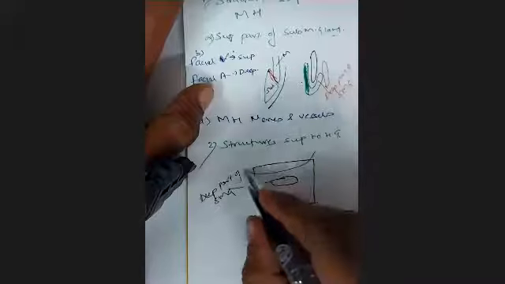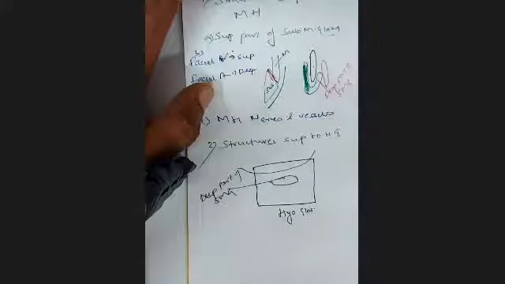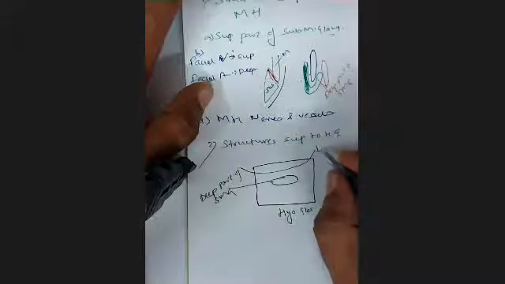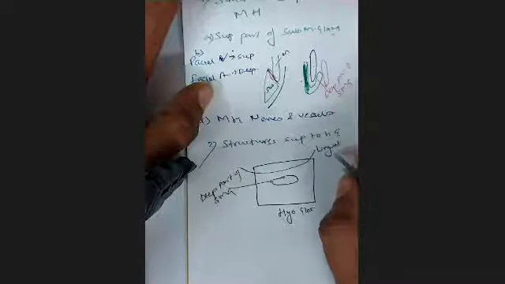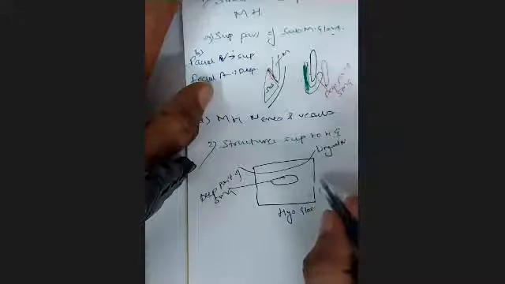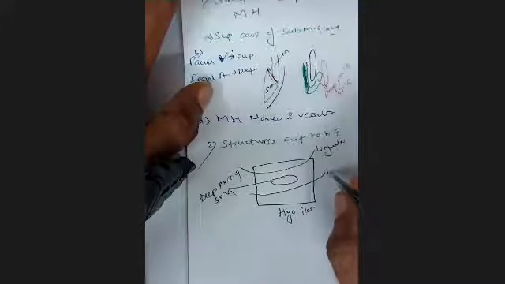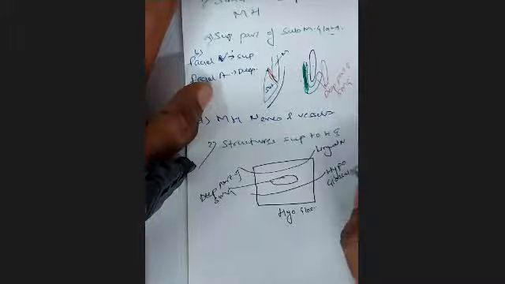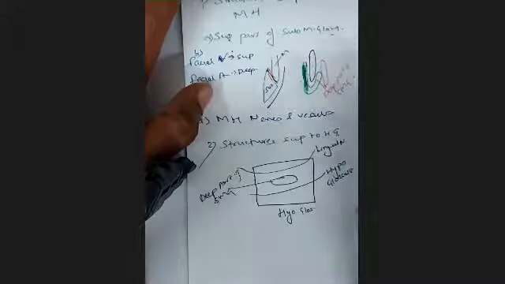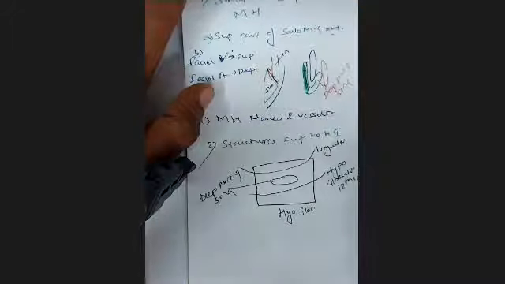Here is the lingual nerve, and lower down is the hypoglossal nerve. This hypoglossal nerve is our 12th cranial nerve.